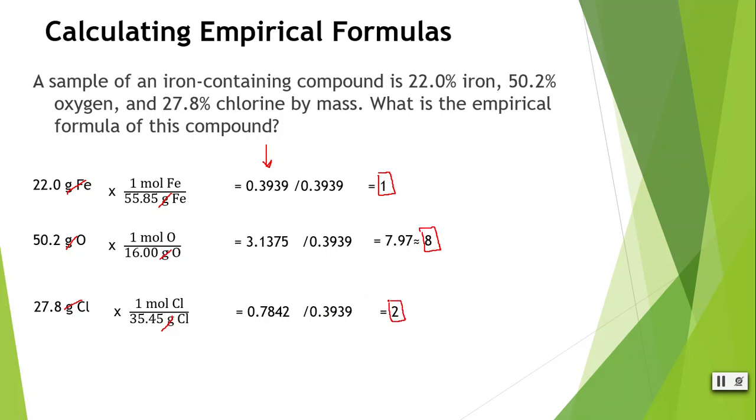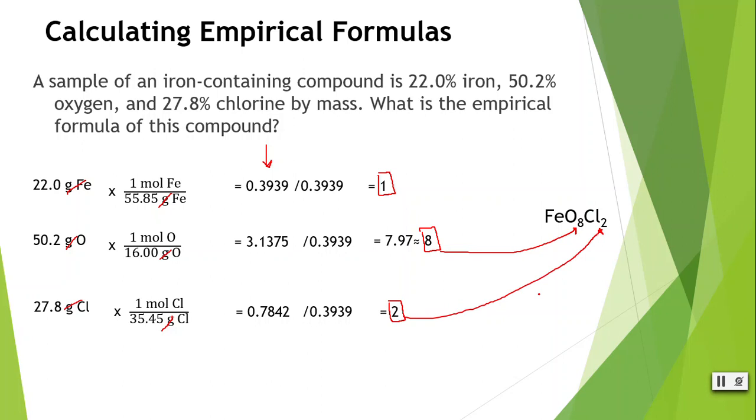Those whole numbers serve as the subscripts in the empirical formula. So my empirical formula is Fe, we don't put 1 if we just have 1, but just Fe, O8, and Cl2. That would be my empirical formula for this molecule.